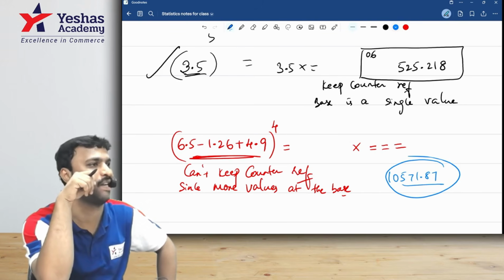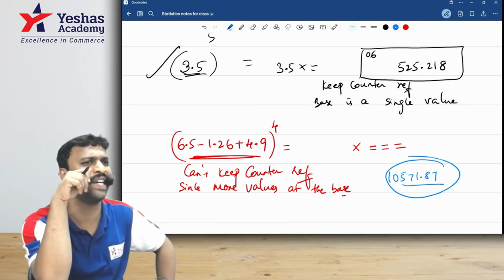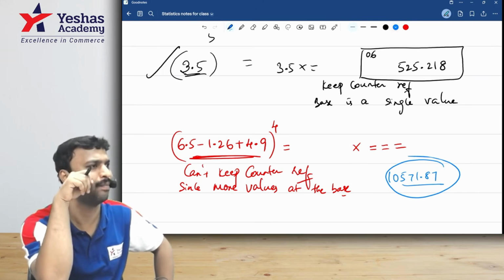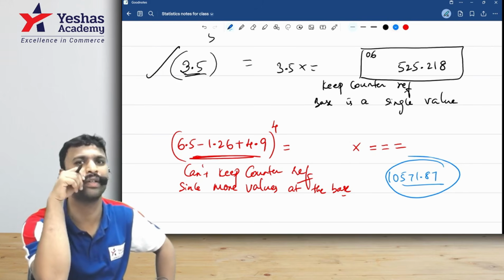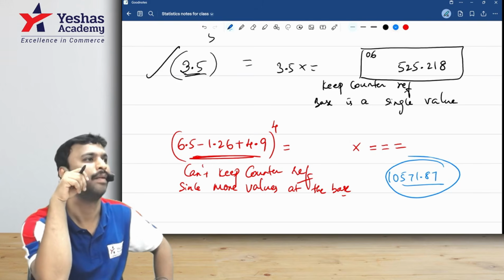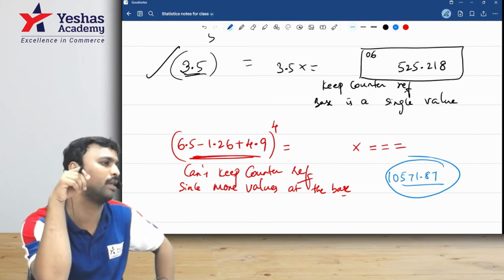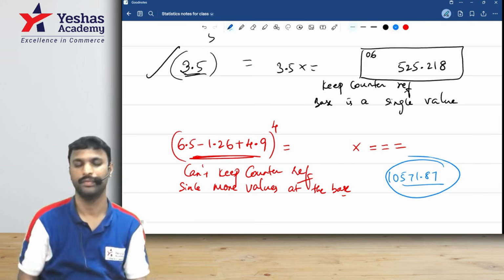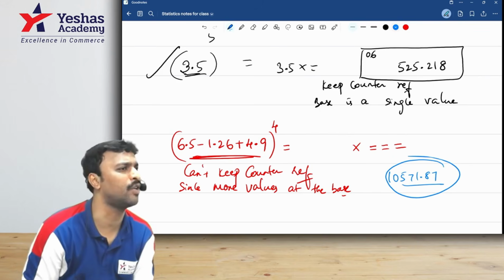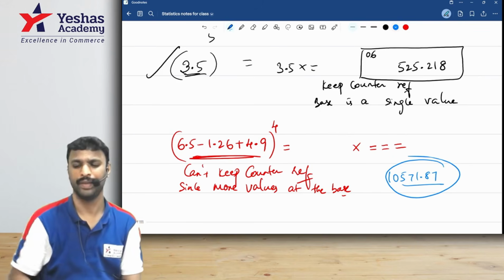Are you all getting it? Bring it to me if you have any doubt in this. I'll explain. Bring your calculator here if you have a doubt. Have you understood when to keep the counter reference, and when not to?